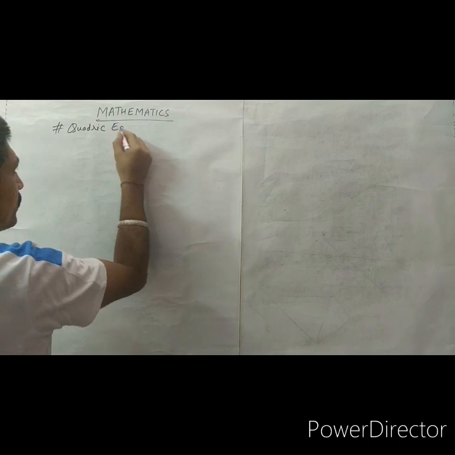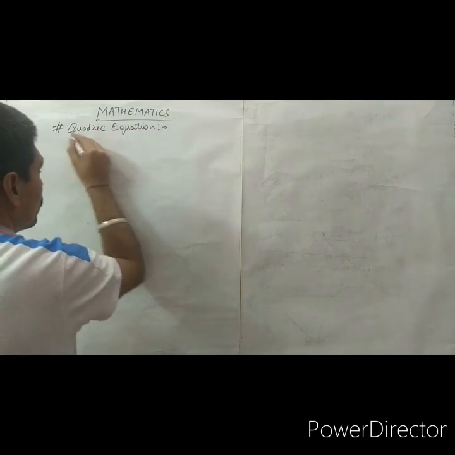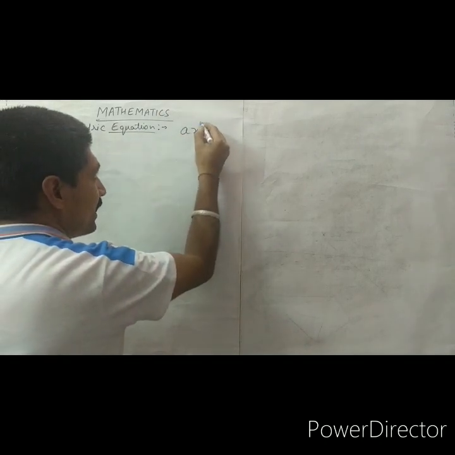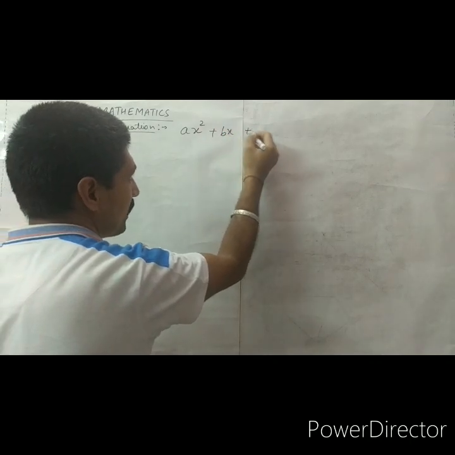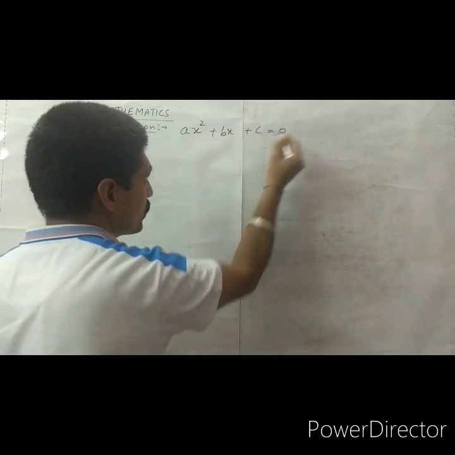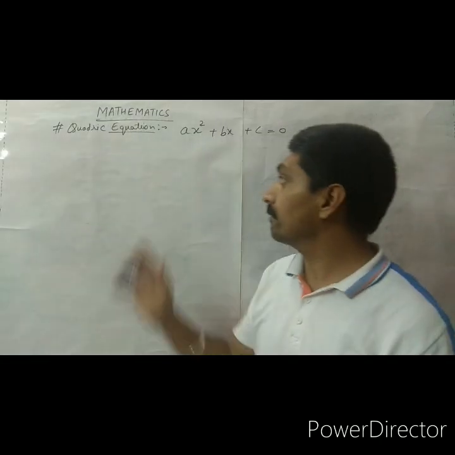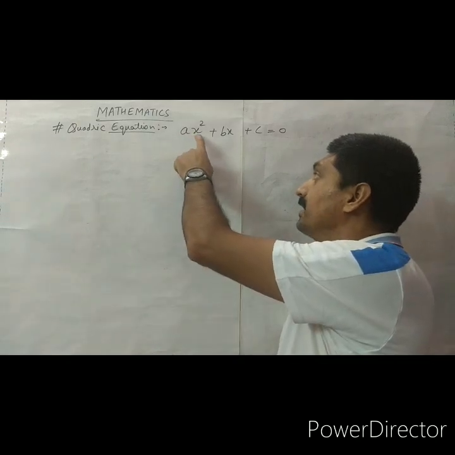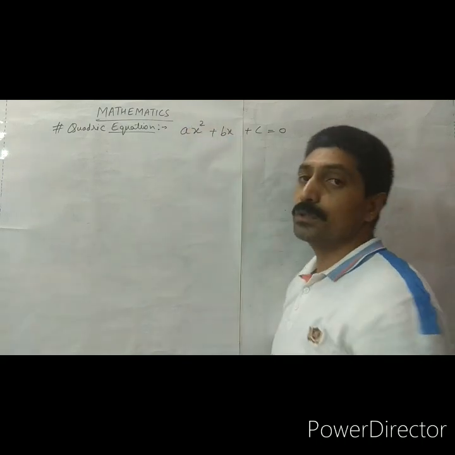In a quadratic equation, of degree 2, ax square plus bx plus c is equal to 0. This is the standard form of a quadratic equation. The highest power of the variable is 2.